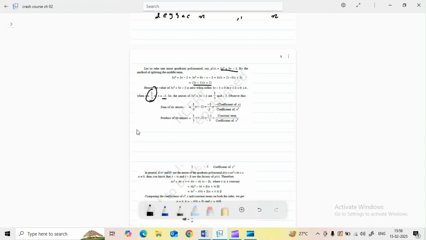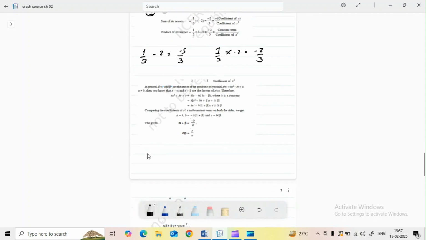So what is the sum of these two? 1 upon 3 minus 2, which is nothing but minus 5 by 3. So if we look at this equation, it's nothing but minus 5 divided by 3, which is minus the coefficient of x divided by the coefficient of x square, right?